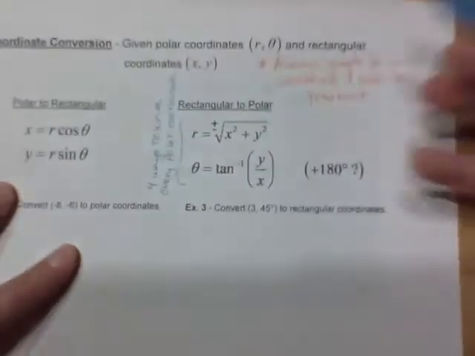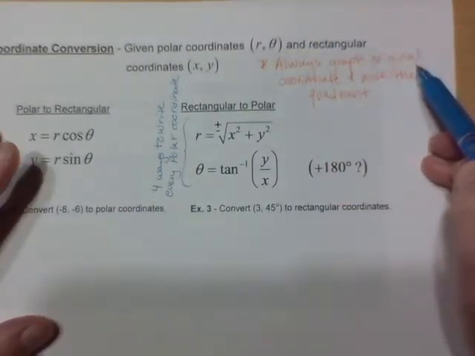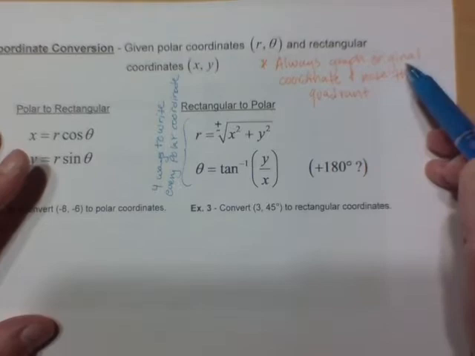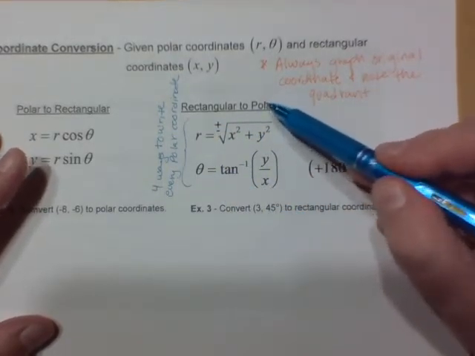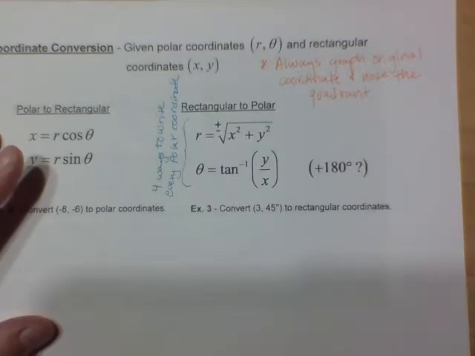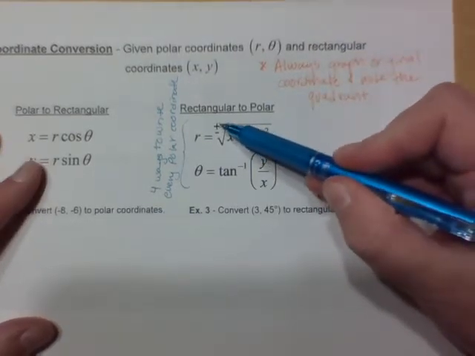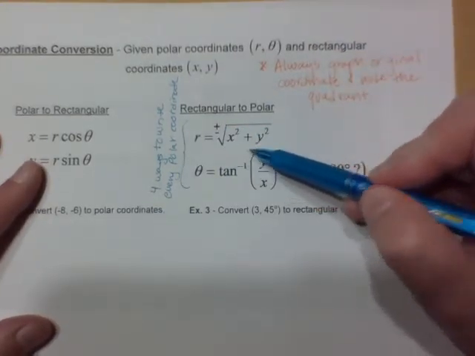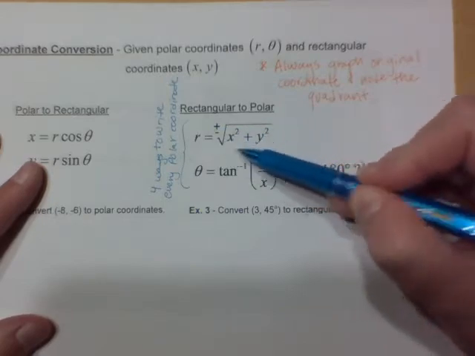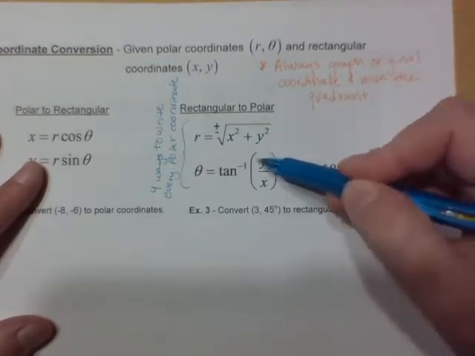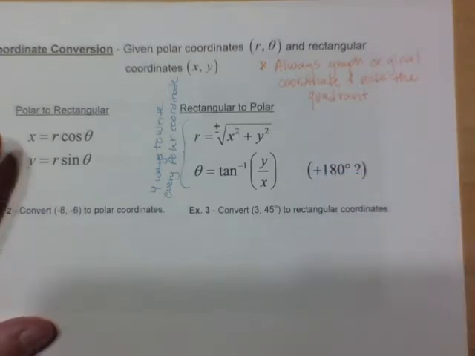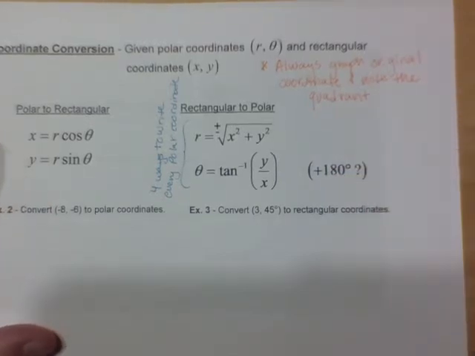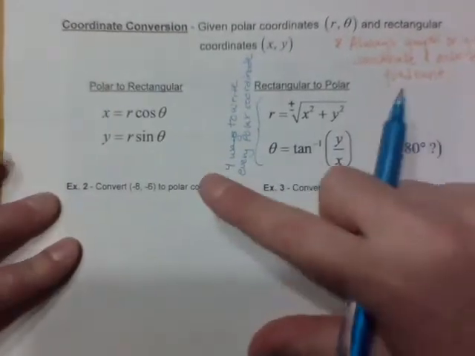And so that is why it's very helpful to graph the original coordinate point in order to figure out what quadrant you're trying to make this polar coordinate into. So again, you either have the option of a positive or a negative of this result, and then a tangent of this, but then you could add or subtract 180. So we'll talk about that one in a second right here.